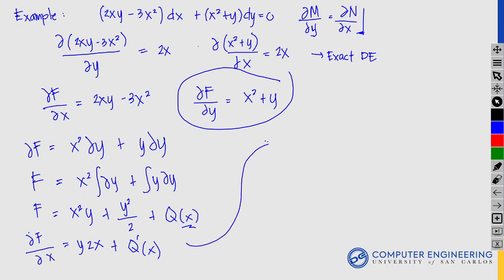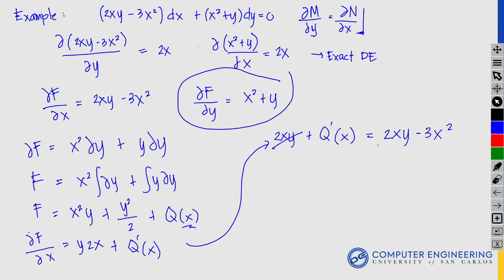So 2xy plus u prime of x is equal to 2xy minus 3x squared.